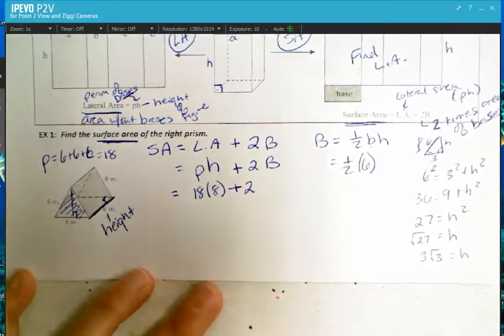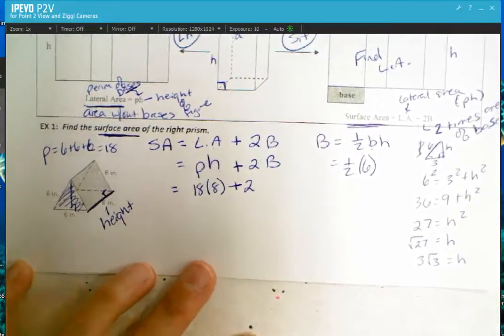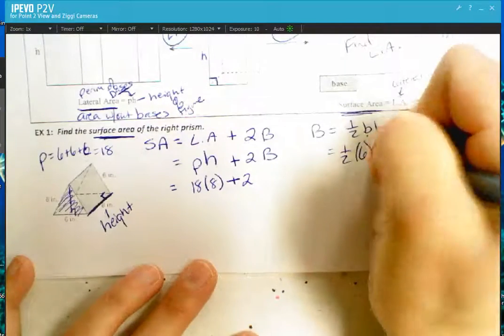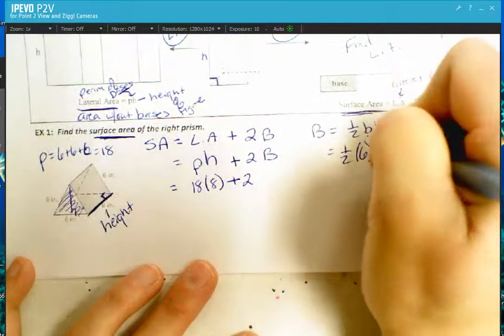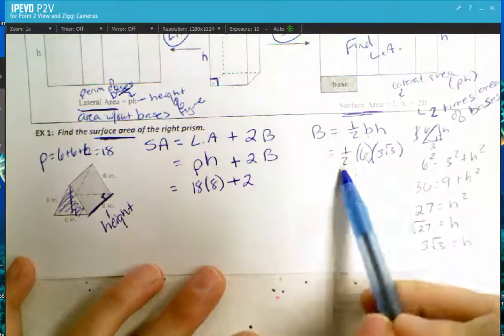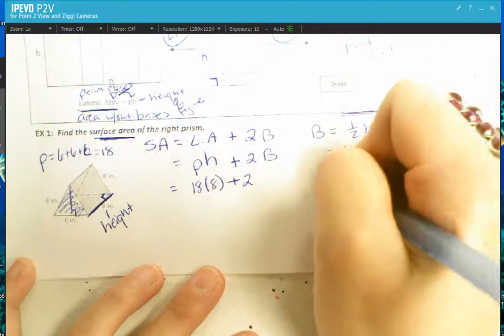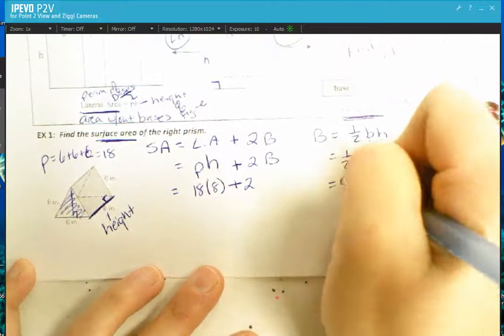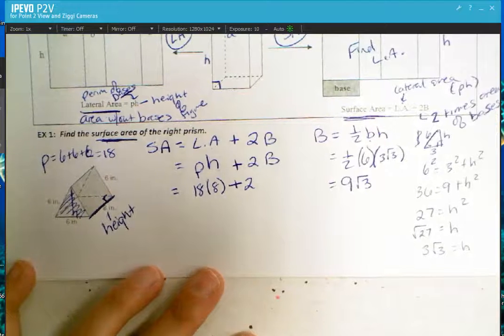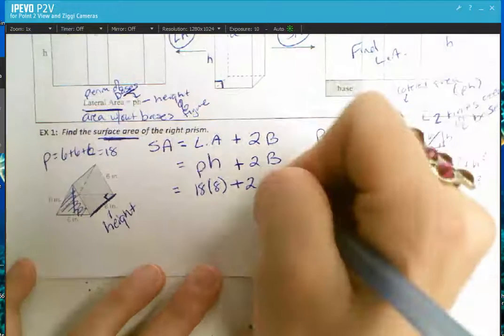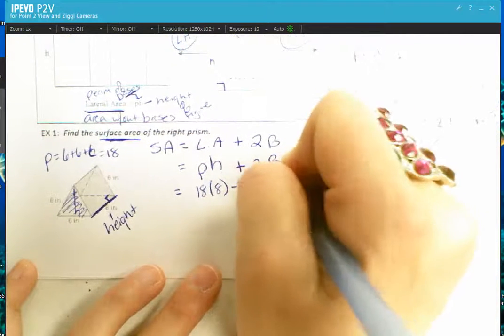Or I could use 30, 60, 90 rules as well. So now we know the height is 3 rad 3. Half of 6 is 3 times 3 is 9, so I know the area of the base of that triangle is 9 rad 3. So I'm going to go back over here and put 9 rad 3.